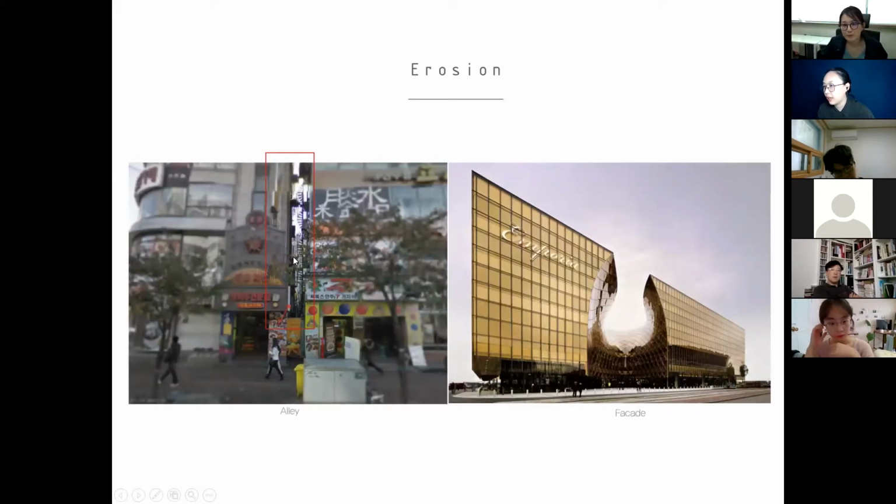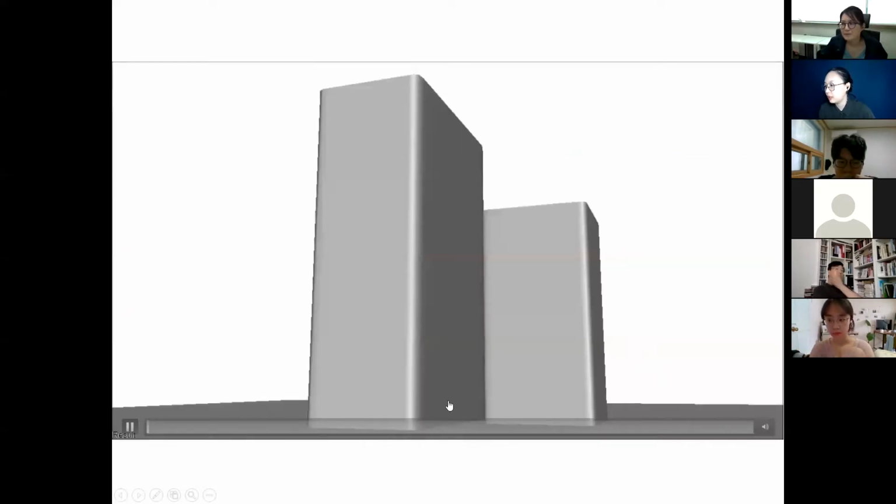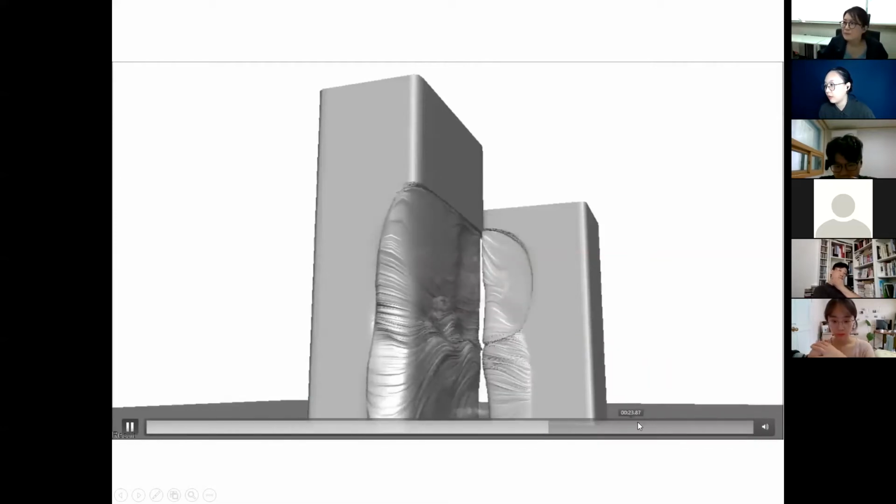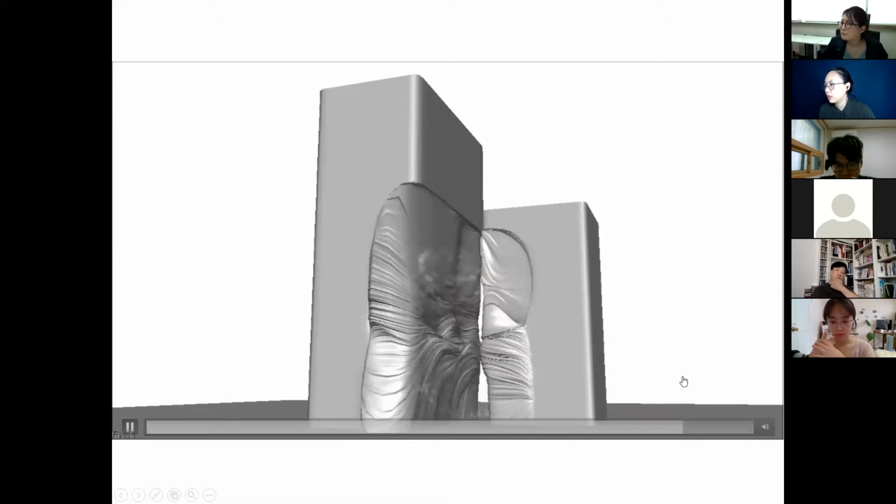They suggested how the narrow streets in Korea can be turned into larger niches, and they used the erosion algorithm to generate those pathways.